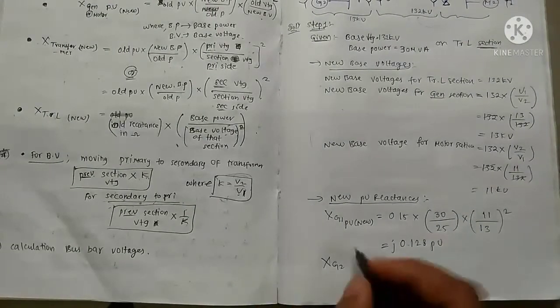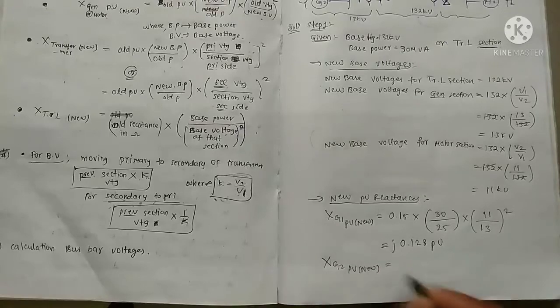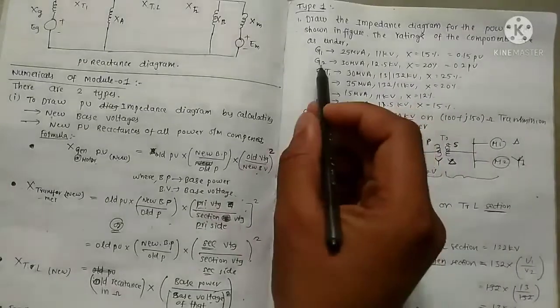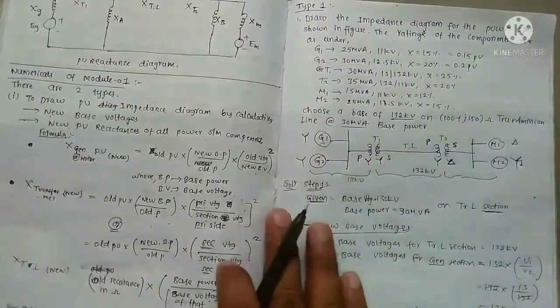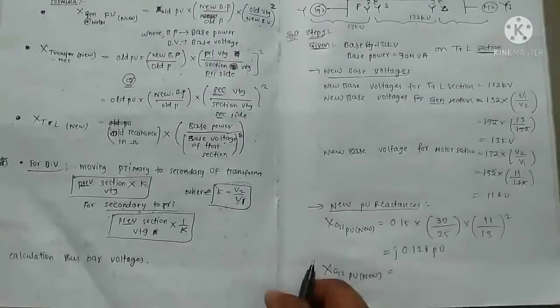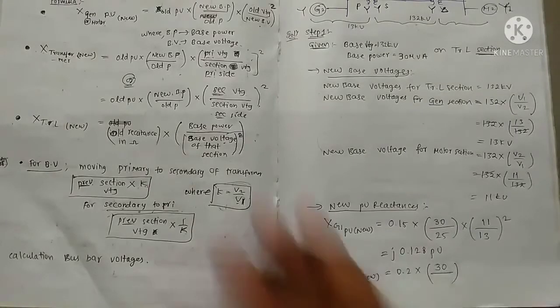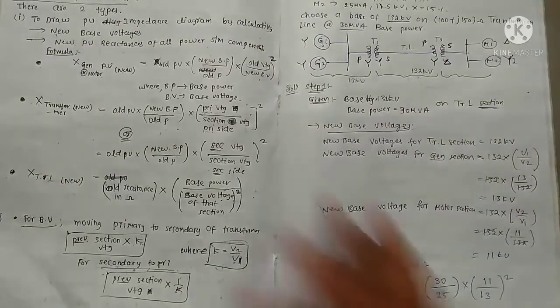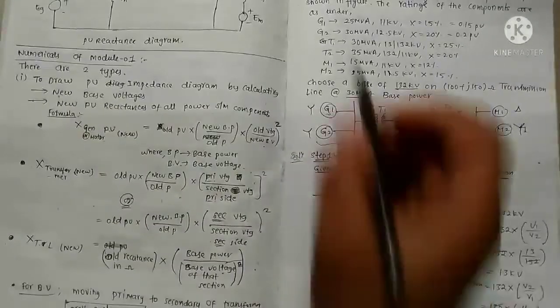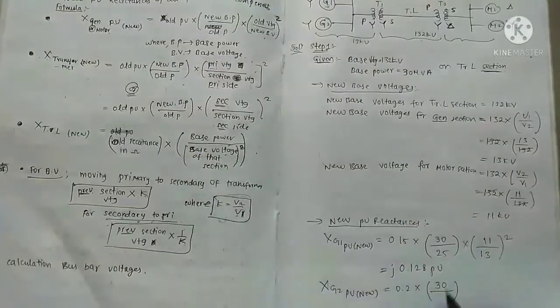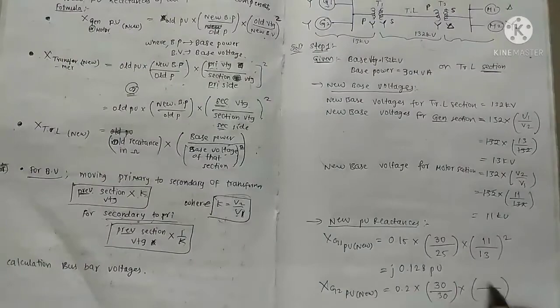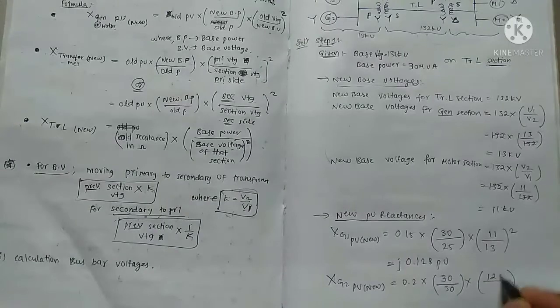The reactance of G2 per unit new is equal to the old pu of G2, which is given as 0.2, multiplied by the new base power, which remains the same at 30 MVA, divided by the old base power of G2, given over here as 30, multiplied by the old voltage squared. The old voltage of G2 is 12.5 kilovolt, divided by the new base voltage.